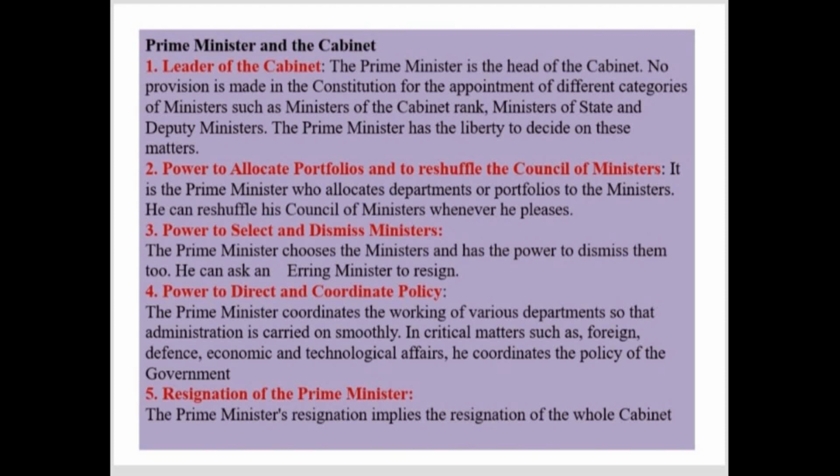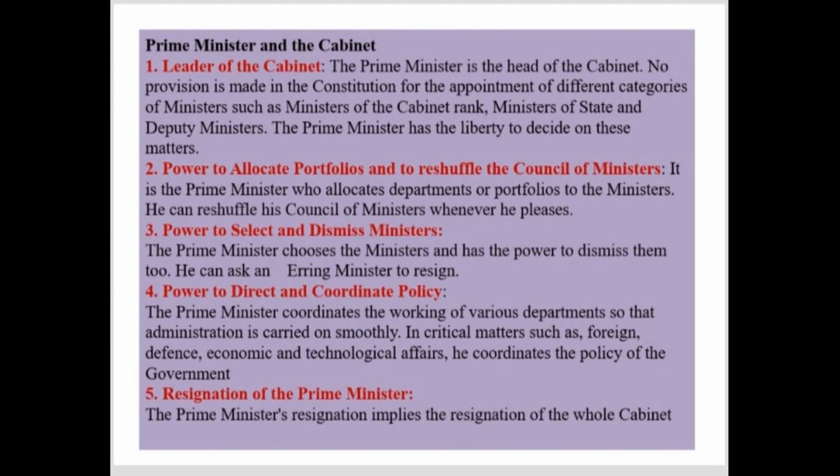There is no such differentiation or division in the constitution. It is the prime minister who creates this kind of division for the ease of administration. The senior most and trustworthy persons will be selected as a cabinet team, and later others will be used as help, like deputy ministers and ministers of state.